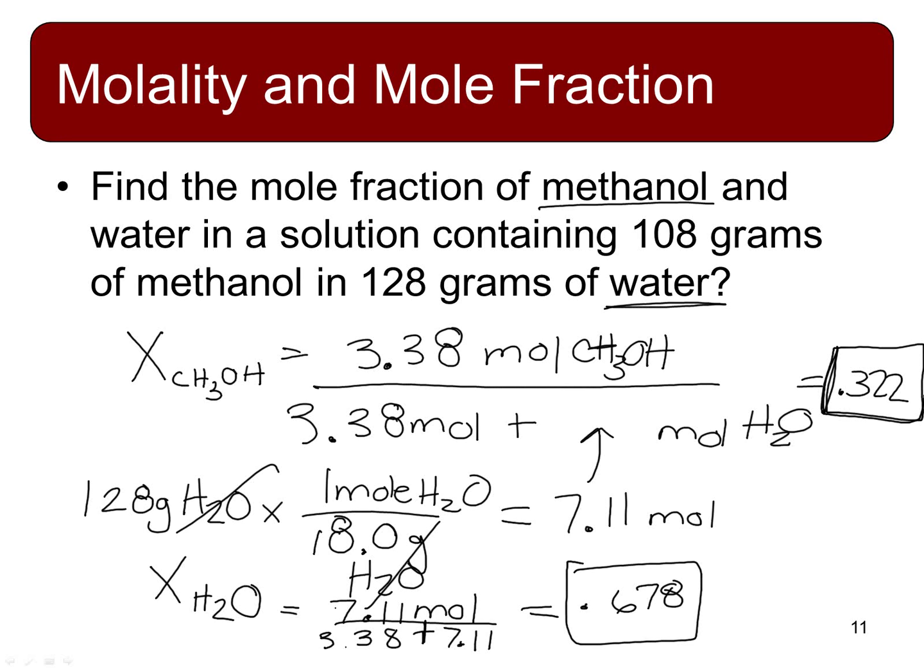A lot of times normality, so this is basically a fifth way, and molarity overlap, so they end up being the same. But we'll look at that in more detail in the lab. We do use percent by mass. We may have a percentage of sodium hydroxide, and you'll see that labeled on containers in the lab.